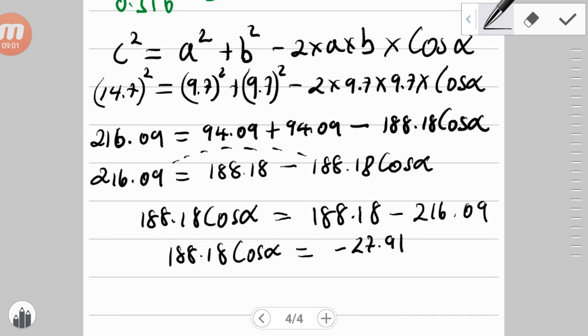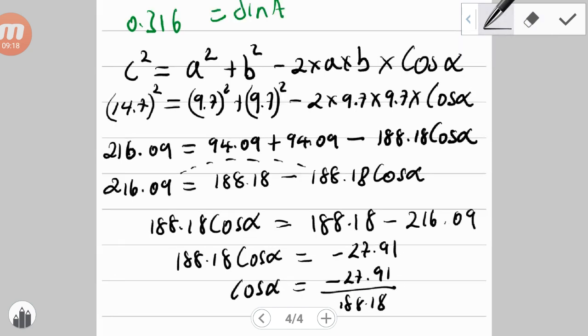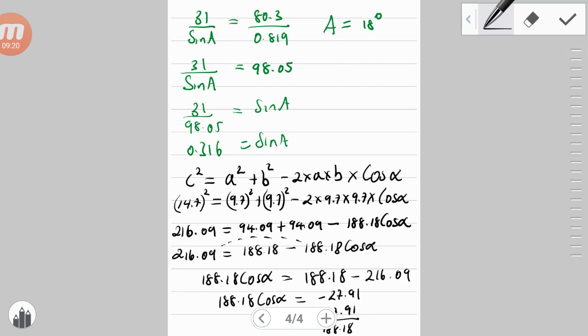So if we proceed, we'll find that cosine alpha is equal to, just dividing both sides by 188.18, negative 27.91 divided by 188.18. All right, running out of space here, guys. I'm going to head up here.